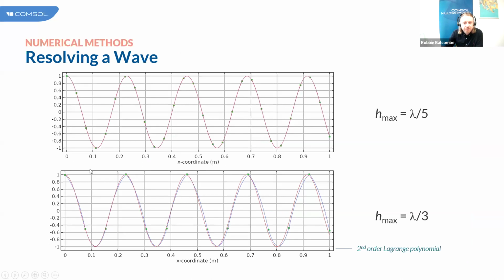Now, in the image below, what you can see is a plot where we've undersampled the solution. So what we have here is an image where we only have 3 elements per wavelength. And if we compare the blue line with the red line, we can see that by undersampling, we're introducing quite significant numerical error. So to avoid introducing numerical error, we need to use 5 mesh elements per wavelength.